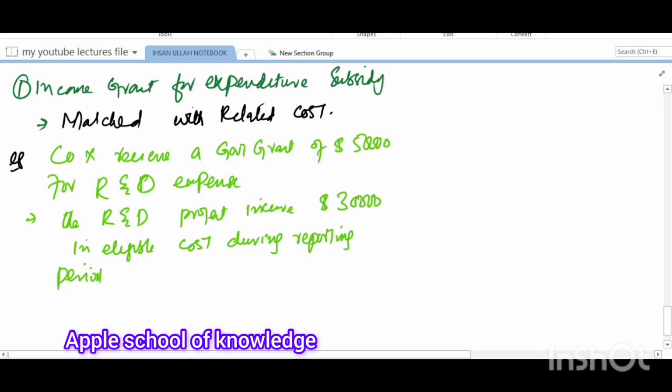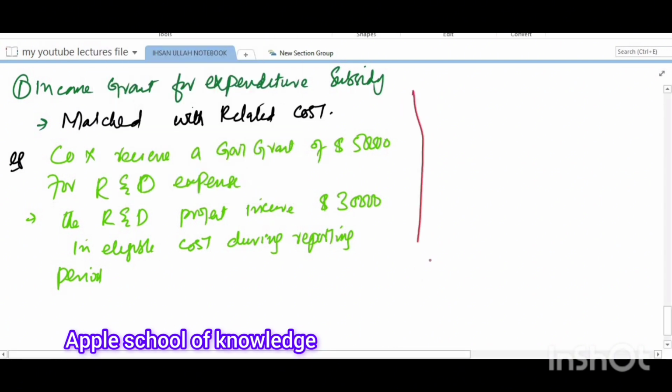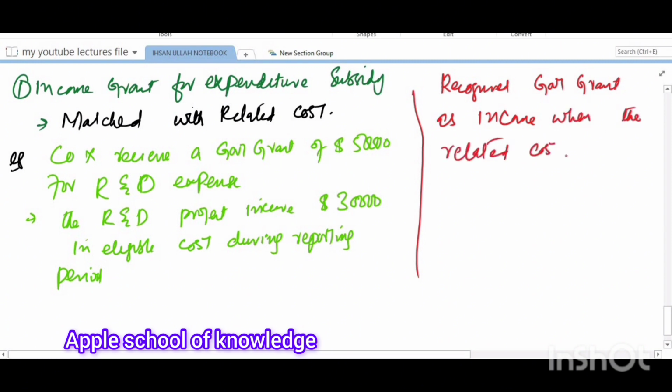So how do you recognize this? Recognition will be that the government grant is recognized when the related cost is incurred.